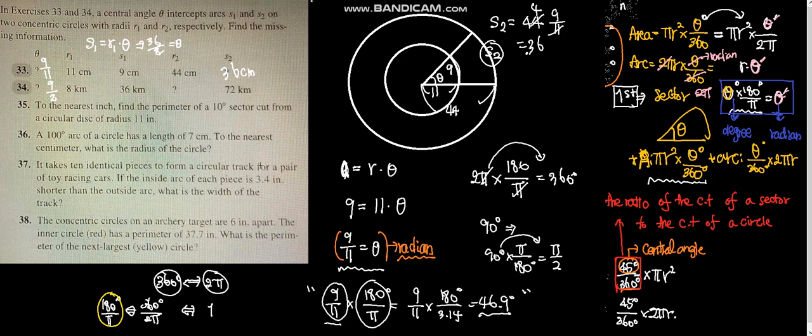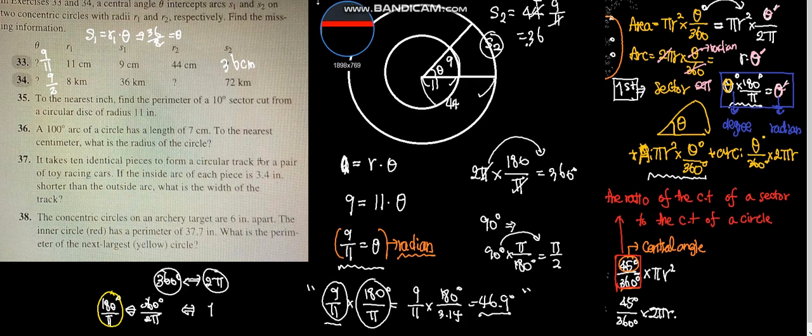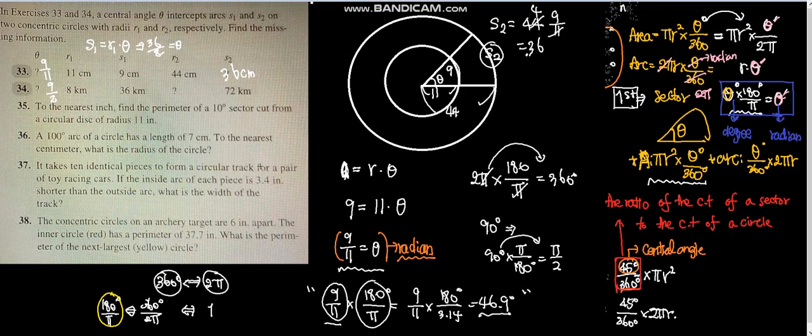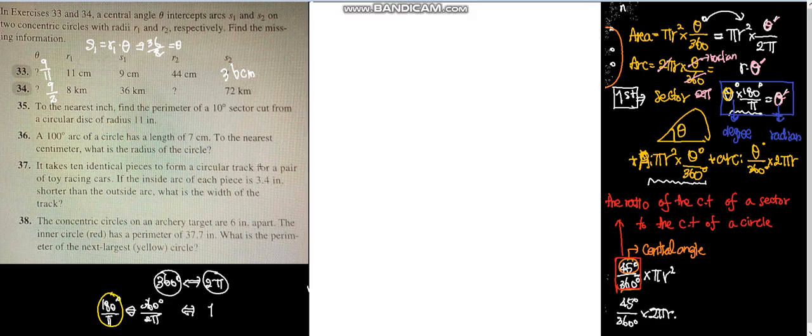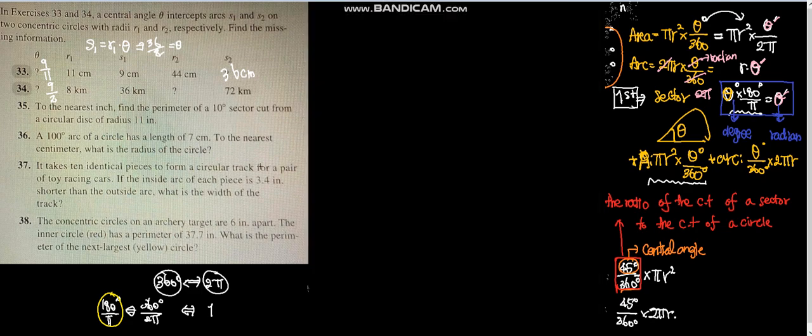because, let me explain why this doesn't work. The very important formula that you need to know is arc is r times theta, but theta has to be in radian. Arc here is 36 kilometers, and the radius r1 is 8 kilometers long.